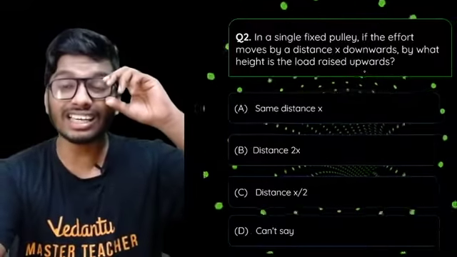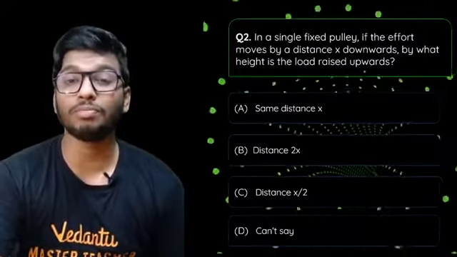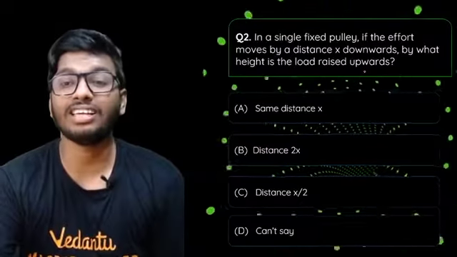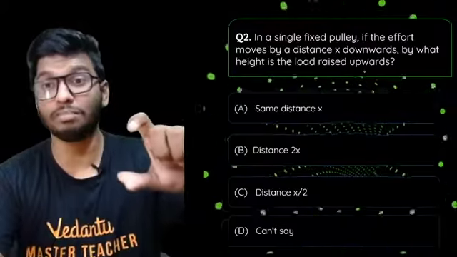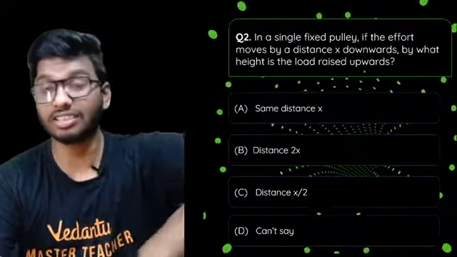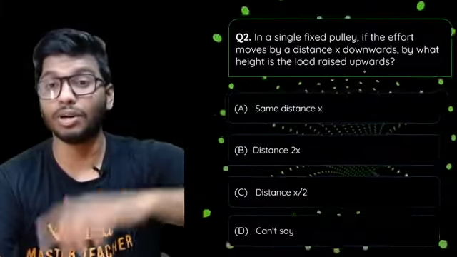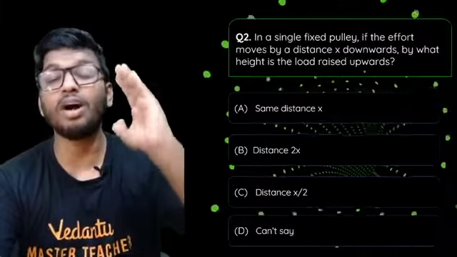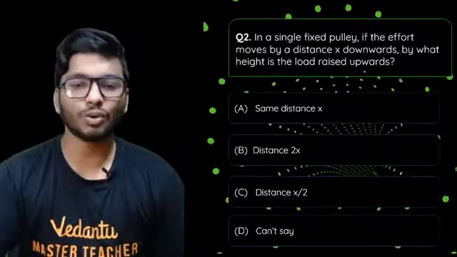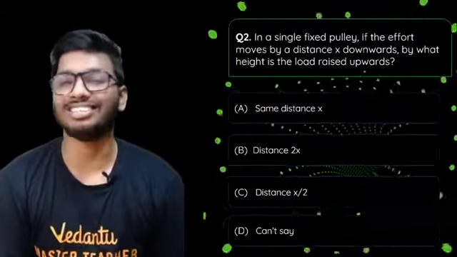Here we go. In a single fixed pulley, if the effort moves by a distance x downwards, by what height is the load raised upwards? Is it the same distance as x, distance 2x, distance x by 2, or can't say at all?